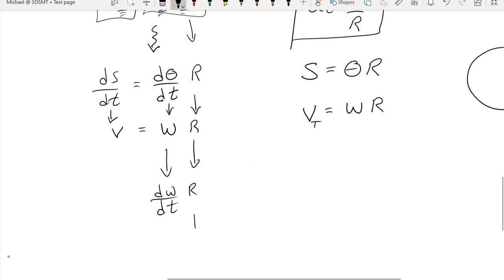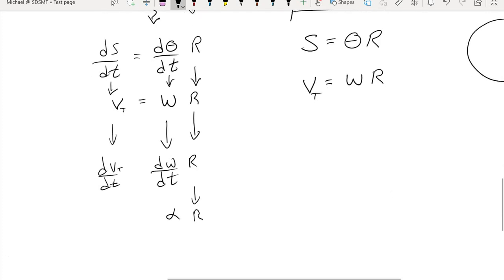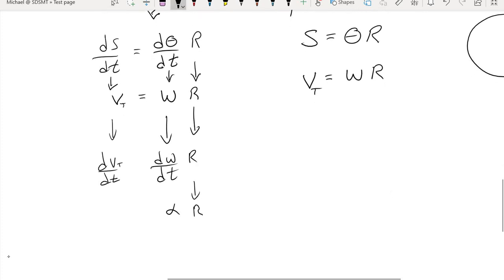That's going to turn it into angular acceleration. And so what we do to one side, we have to do to the other. And we said that we were calling this tangent velocity, so we'll keep with the notation there. Well, the change in velocity with respect to time is acceleration.